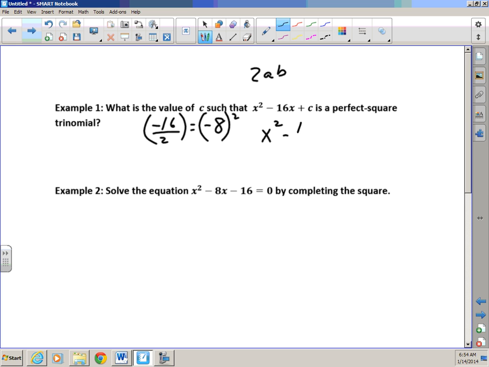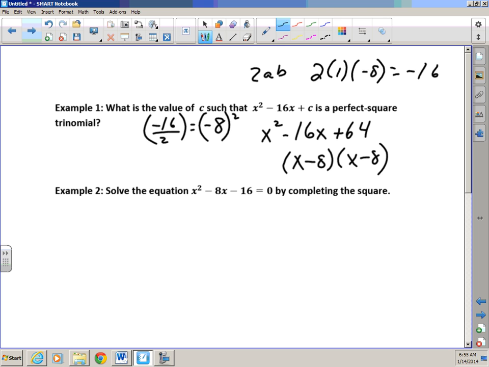So x squared minus 16x plus 64 creates a perfect square trinomial. Now, the reason it's worked so well is a is 1, okay? So in this example, 2 times 1 times what number gives me the negative 16? And that's the negative 8. And then I square that to get the value of c. Now, how can I confirm it? Well, this factors as x minus 8, x minus 8.